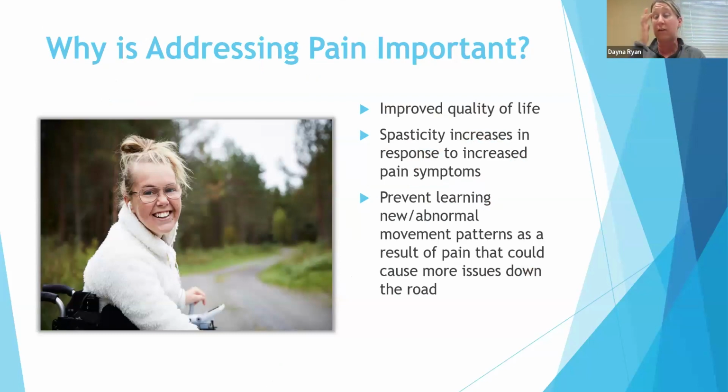So it's this vicious cycle of pain and spasticity, but also too much spasticity makes you wear your joints wrong, and so it accelerates the onset of osteoarthritis in adults with cerebral palsy. So if we can keep your spasticity lower, that will help prevent abnormal joint wear and tear more than it's going to happen anyway for people as they get older.